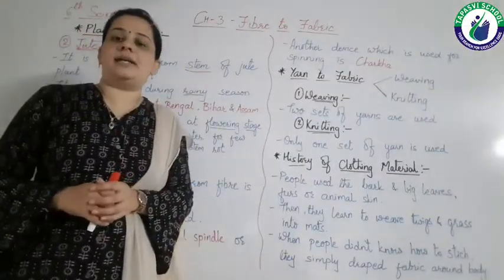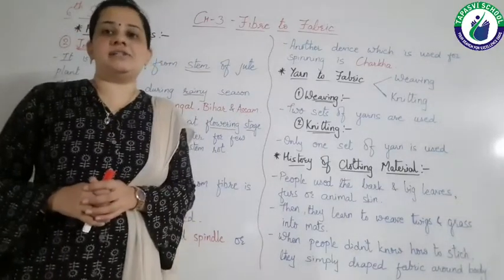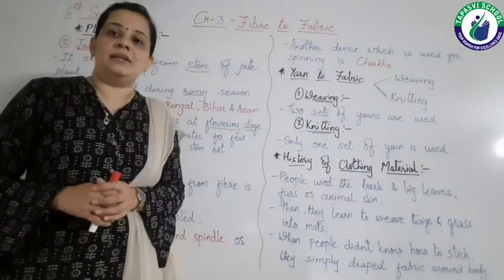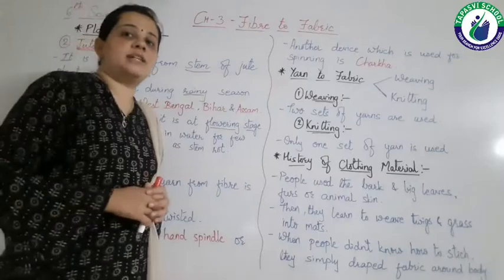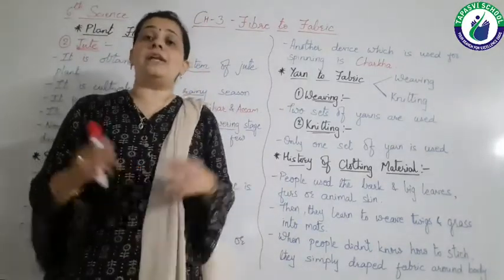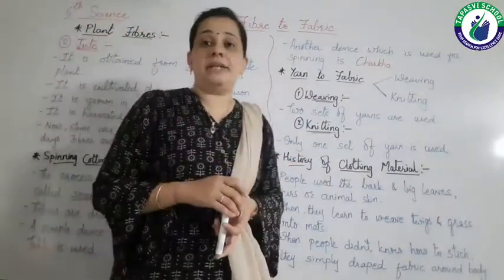Yes, you are right. Our beloved Mahatma Gandhi ji used charkha to make khadi. Okay? He started making khadi by using charkha, and he didn't want all Indians to wear the clothes which are coming from Britain.